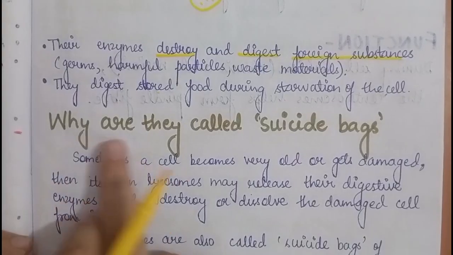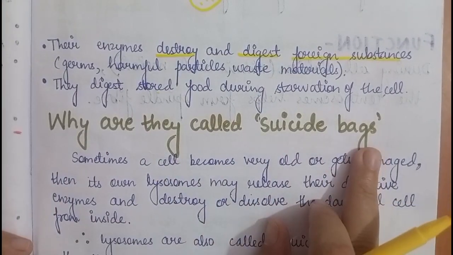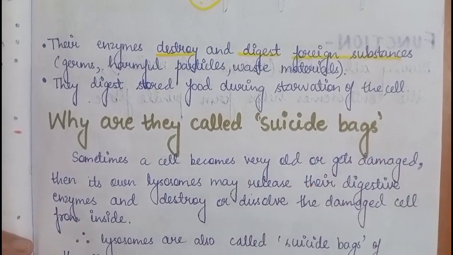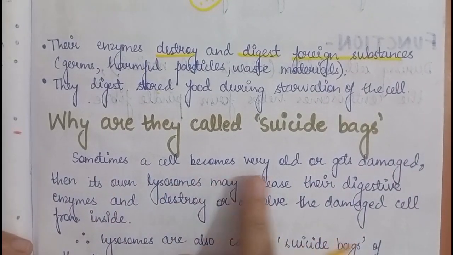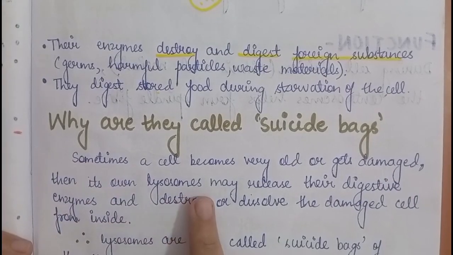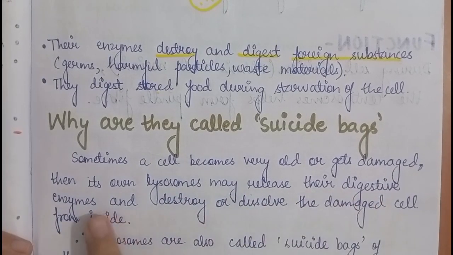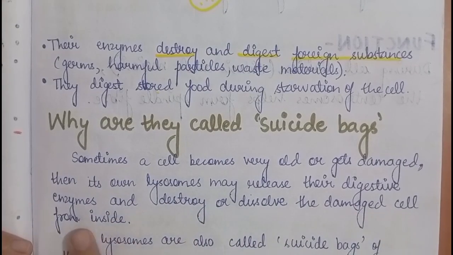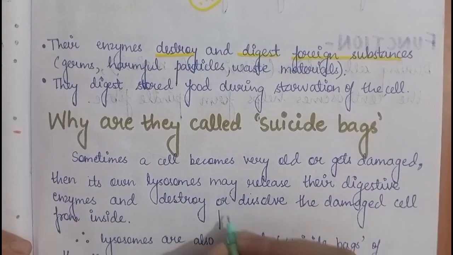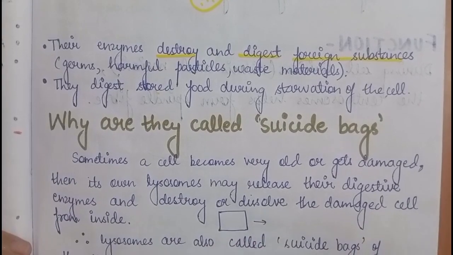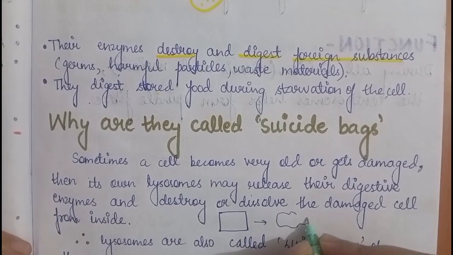Now why are they called suicide bags? These lysosomes are called suicide bags. Why? Sometimes a cell becomes very old or gets damaged. Then its own lysosomes may release their digestive enzymes and destroy or dissolve the damaged cell from inside. Suppose this is our cell, and over time this cell has become old.